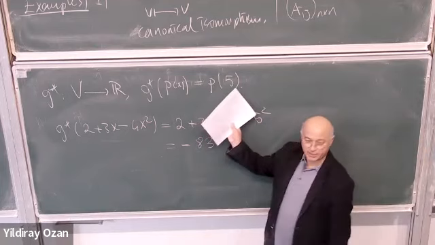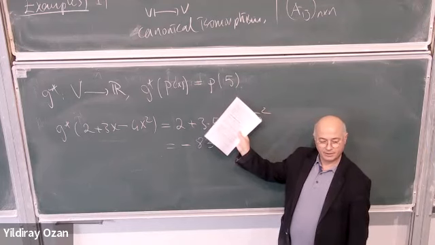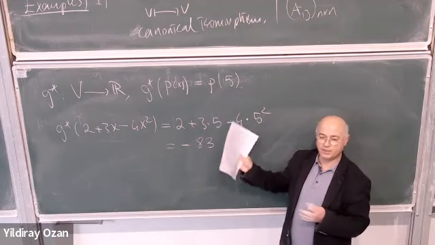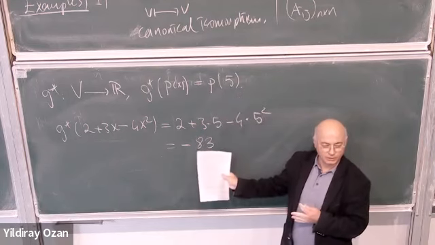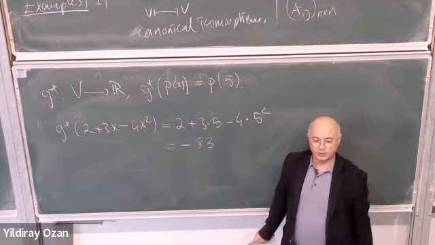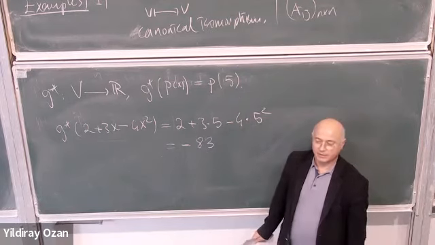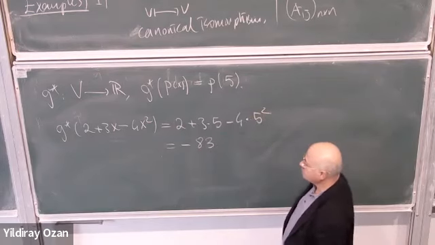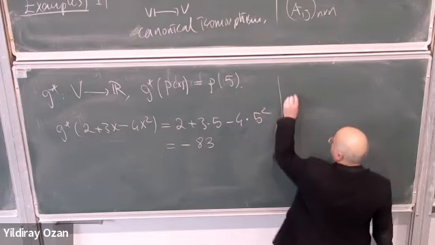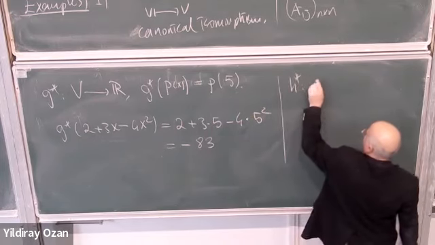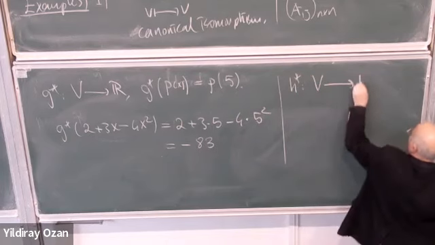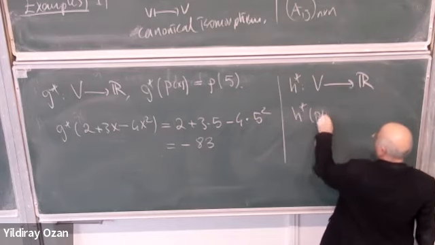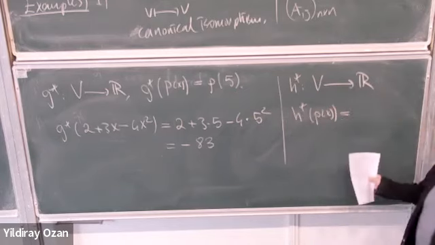Can you check that this is a linear map? I mean, if you think that this is difficult, tell me. I'll do it. Otherwise, I'll just continue. Right. This is a linear map. Another one from V to R. For example, take a polynomial and send it to the following.